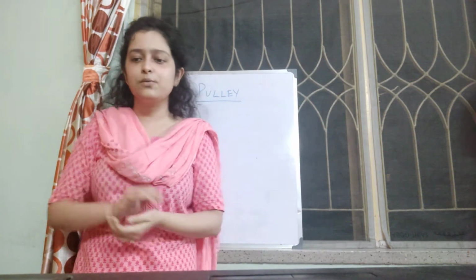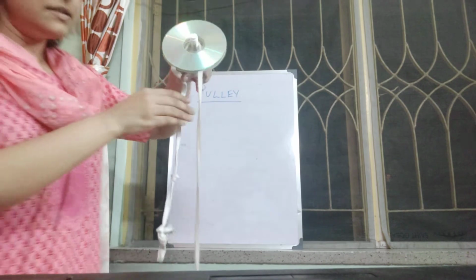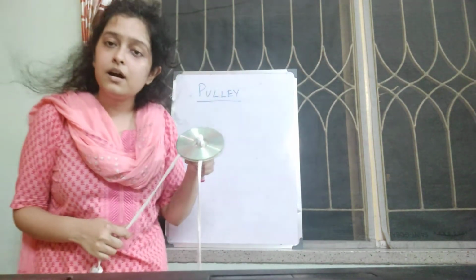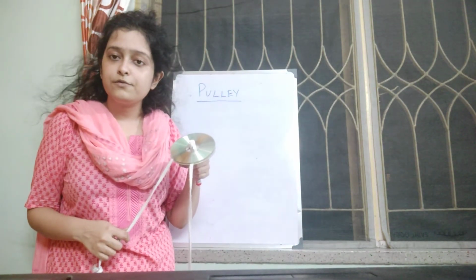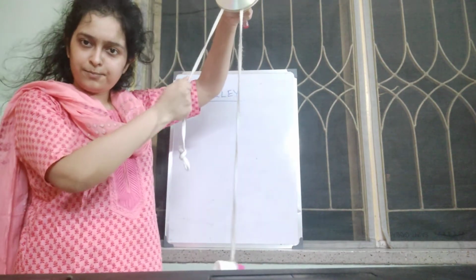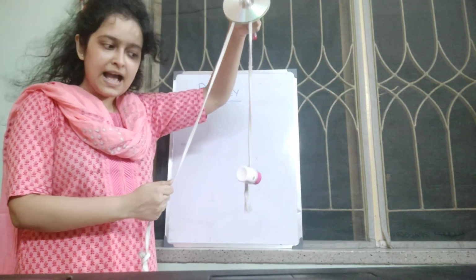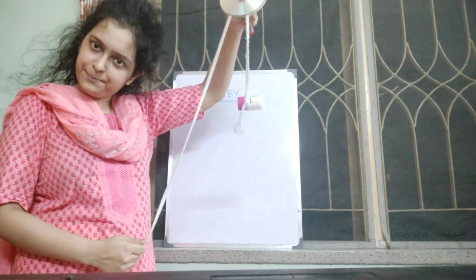Now just notice this thing in the previous one. When we are drawing water with the help of a bucket from a well, we actually pull the rope this side, you know this, you have seen it many times in movies also, and the bucket filled with water moves up.